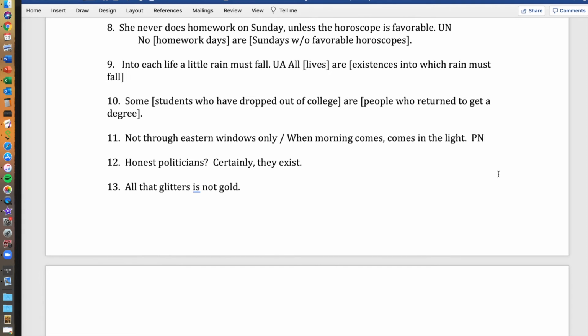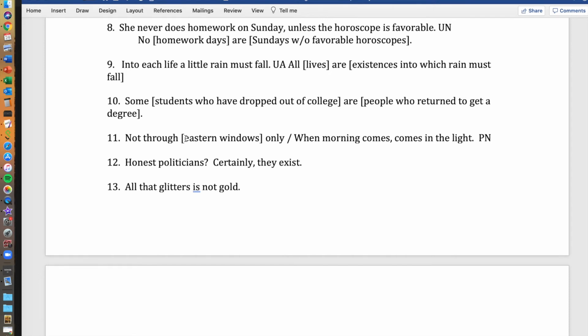That is, what is the universe of discourse that contains all of the relevant terms and their complements? What are the categories that we are working in here? And the best clue about that is right here, where we have a clear noun, eastern windows, all right? So windows in general is the universe of discourse, different types of windows.